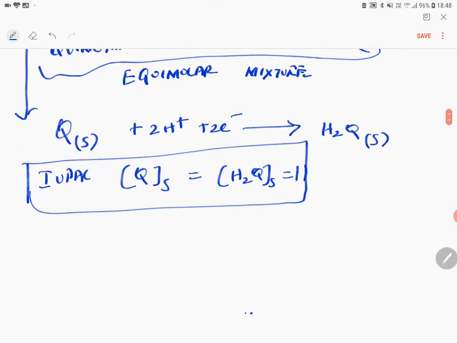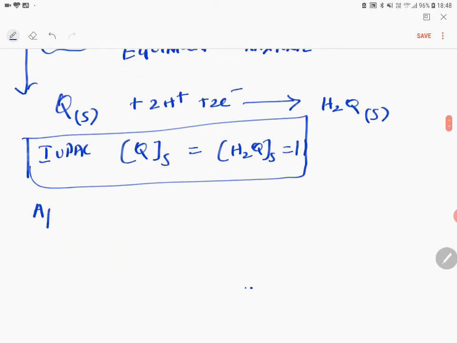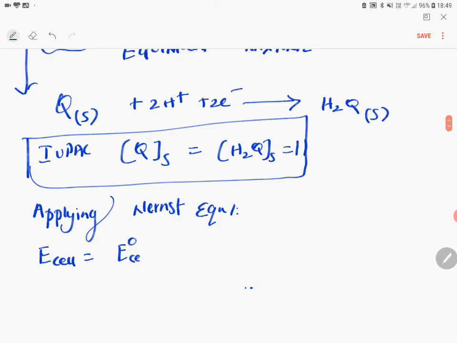Now, if you apply the Nernst equation, what happens? E cell is equal to E naught cell minus 0.059 by n log.